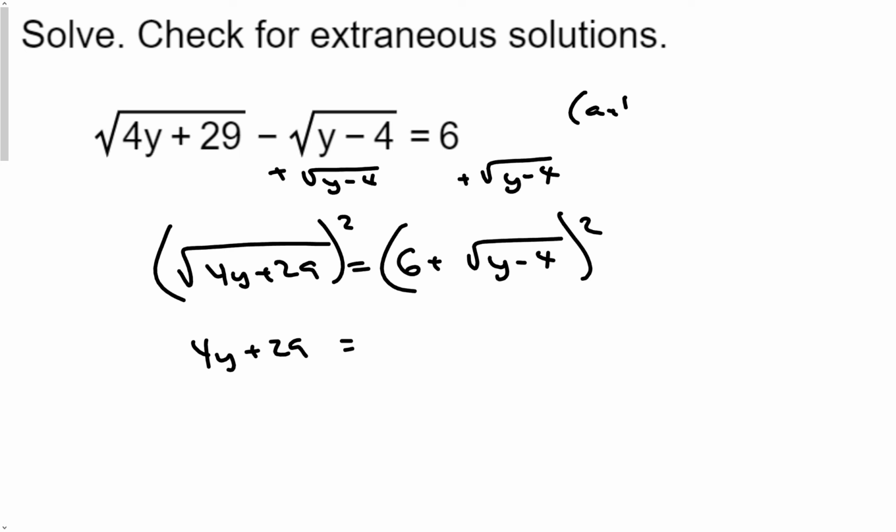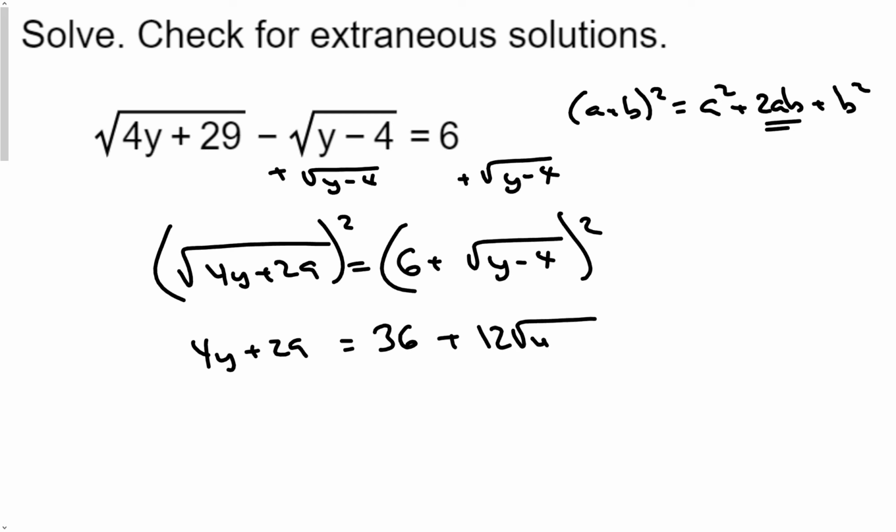And remember that when we square a binomial, you always get a middle term. So we can't just say it's 36 plus y minus 4. That's not going to be it. It's 36 plus 12 times the square root of y minus 4 plus y minus 4. A squared, 2 times a times b, b squared.